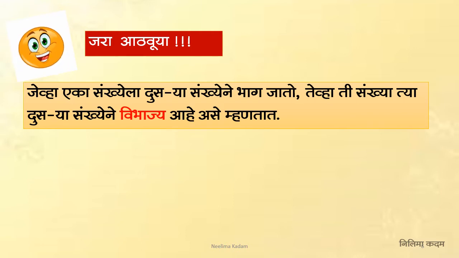जेव्हा एका संख्येला दुसऱ्या संख्येने भाग जातो, जसं मी तुम्हाला आता सांगितलं, 8 या संख्येला आपण 4 ने भागलो, तर 8 ही संख्या 4 या संख्येने विभाज्य आहे असे म्हणतो, कारण भाग गेलेला आहे, बाकी 0 आहे. 8 is divisible by 4. Okay?